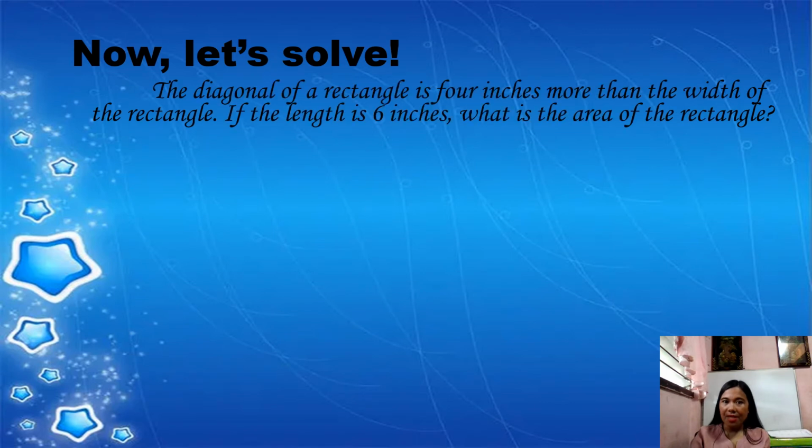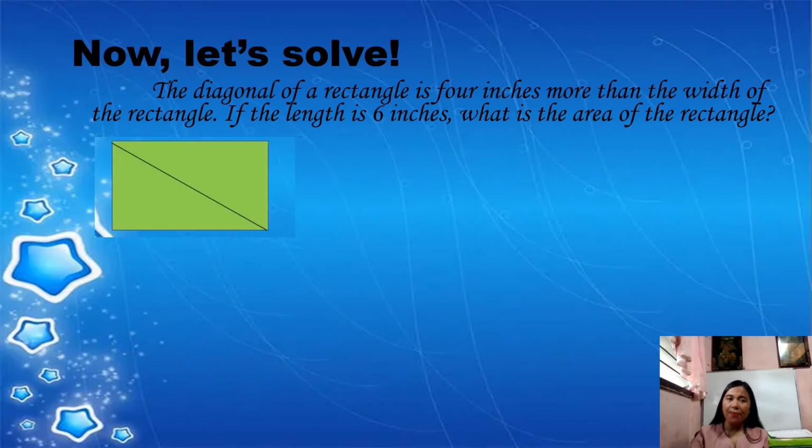Another problem. The diagonal of a rectangle is 4 inches more than the width of the rectangle. If the length is 6 inches, what is the area of the rectangle? First thing that you should do is to create a rectangle. Now, based on the given, 6 is the only thing which has no complications. So we can put 6 right away on the figure.